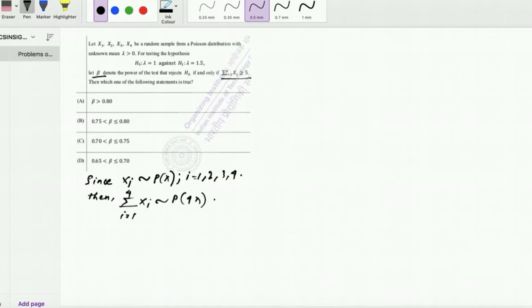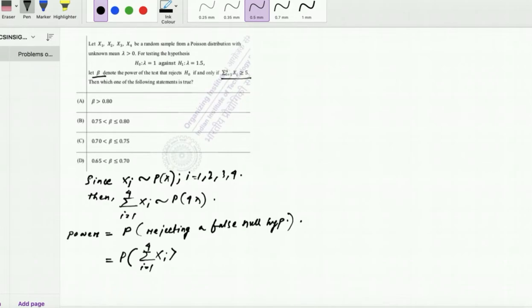Okay. Now let's see the power. What is power? Power is the probability of rejecting a false null hypothesis. Now the region for rejection is summation Xi greater than or equal to 5 under H1.